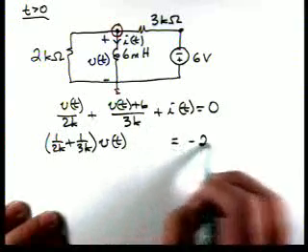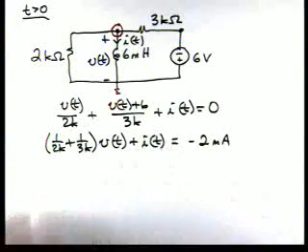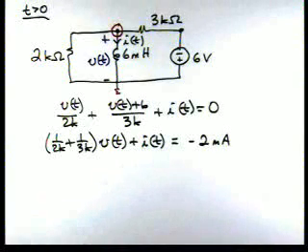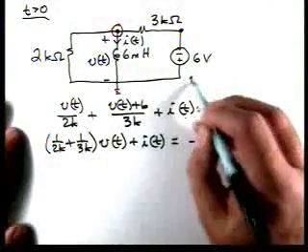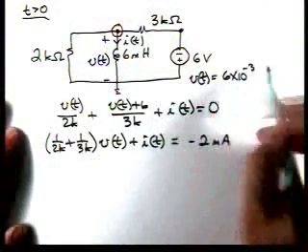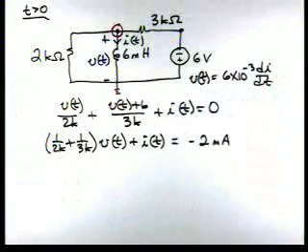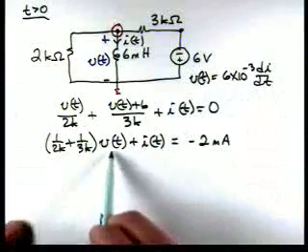It'll become minus 2 milliamps, and we're left with an i(t) term. Now, we've got one equation and 2 unknowns. We know, for instance, that v(t) is equal to 6 times 10 to the minus 3 times di/dt.